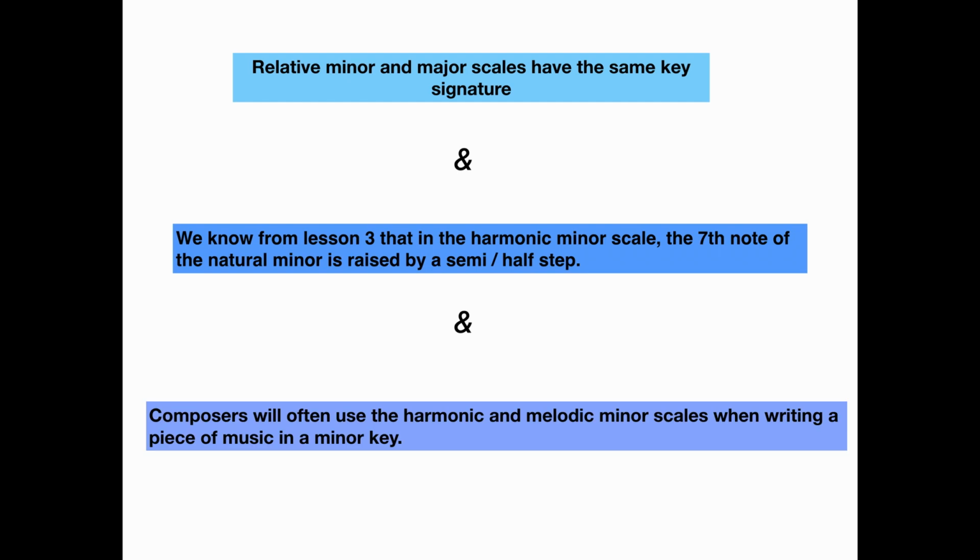Another thing to note is that composers will often use the harmonic and melodic minor scales when writing a piece of music in a minor key. Now I know we haven't gone through melodic minor scales in depth. However, just note that when they're ascending in pitch, the 6th and 7th note of these scales are raised by a semitone.